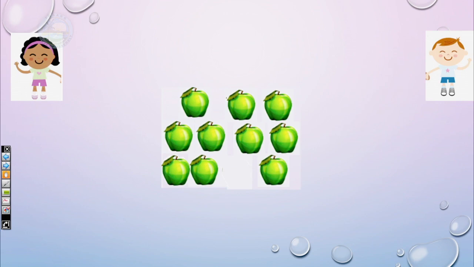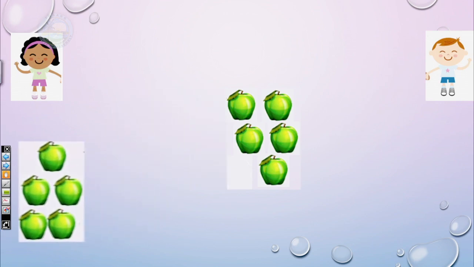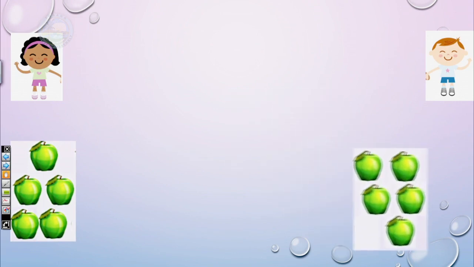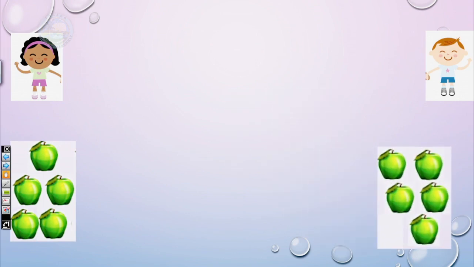Let's divide them now. This girl has 1, 2, 3, 4, 5 apples. And the boy has 1, 2, 3, 4, 5 apples. So 10 divided by 2 equals 5.